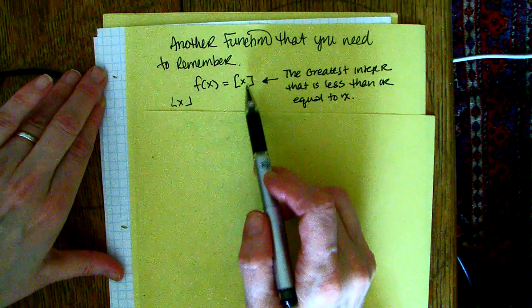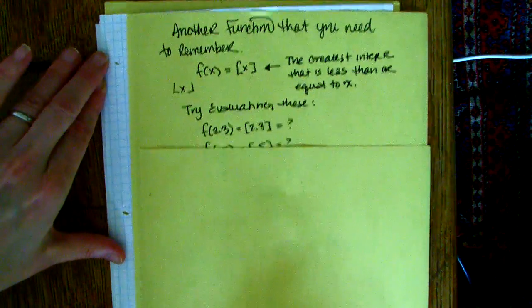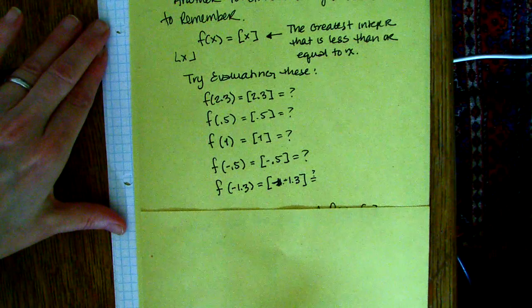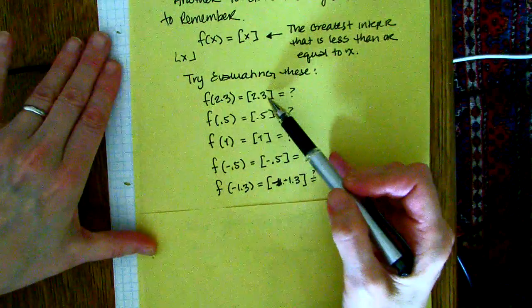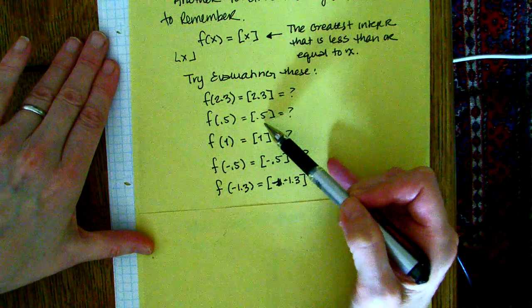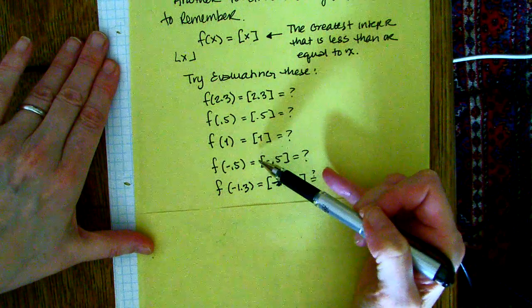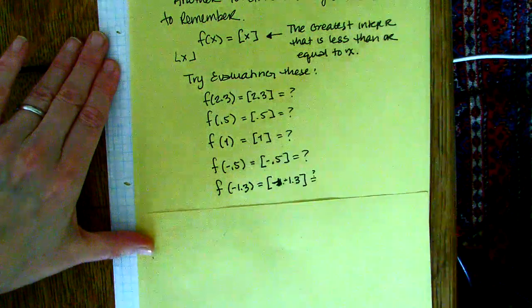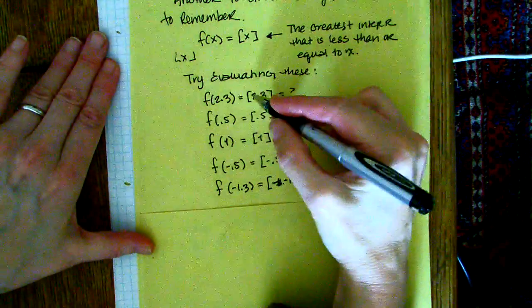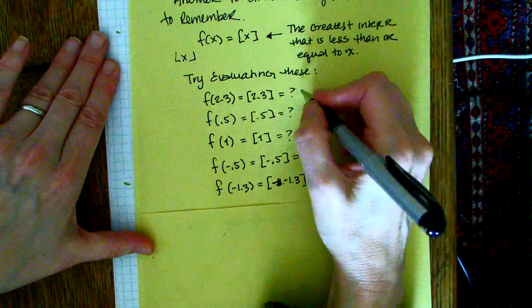I want you to take a moment and come up with these values right here. Pause the video to do that. You're finding the greatest integer that's less than or equal to 2.3, 0.5, etc. Pause the video. Okay, so the greatest integer less than or equal to 2.3, that's 2.